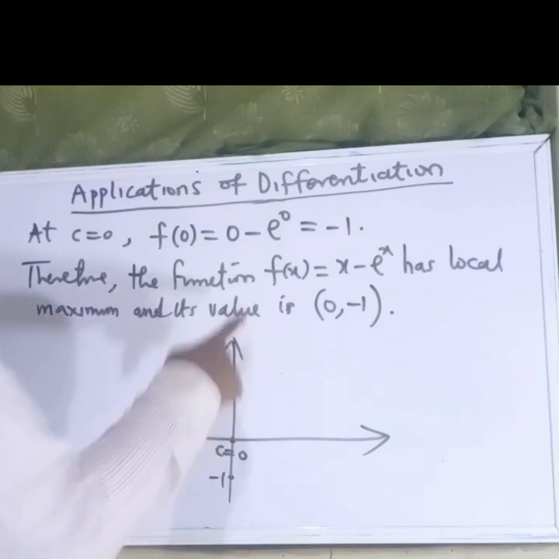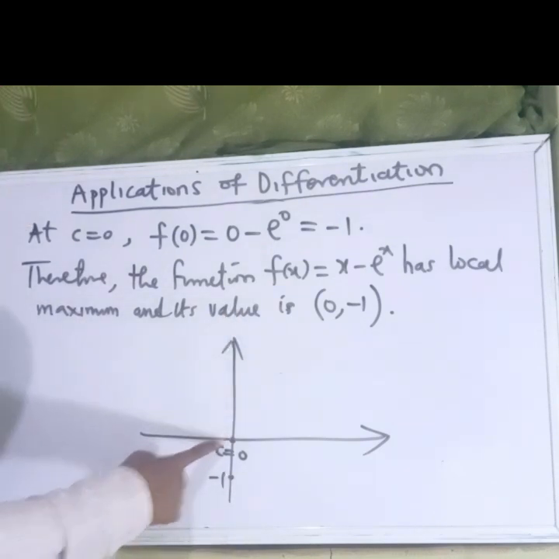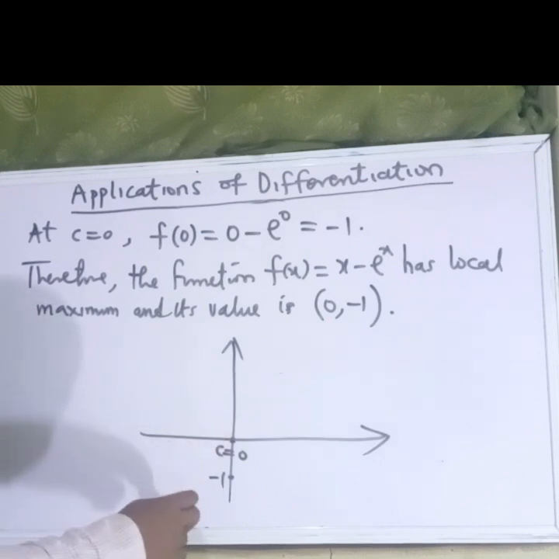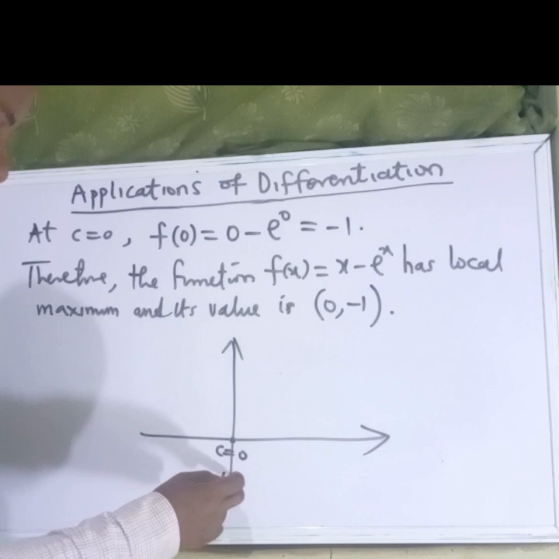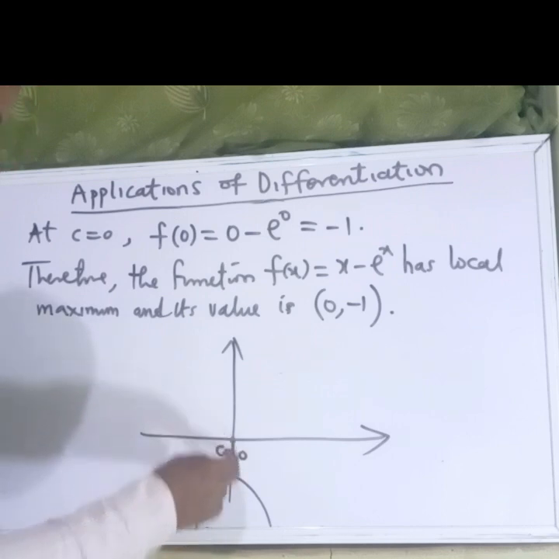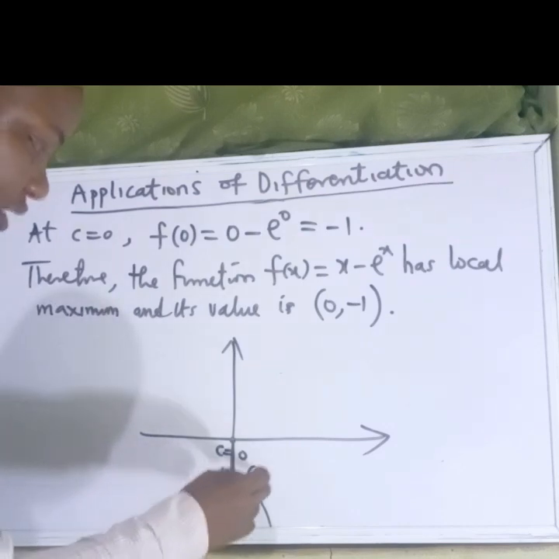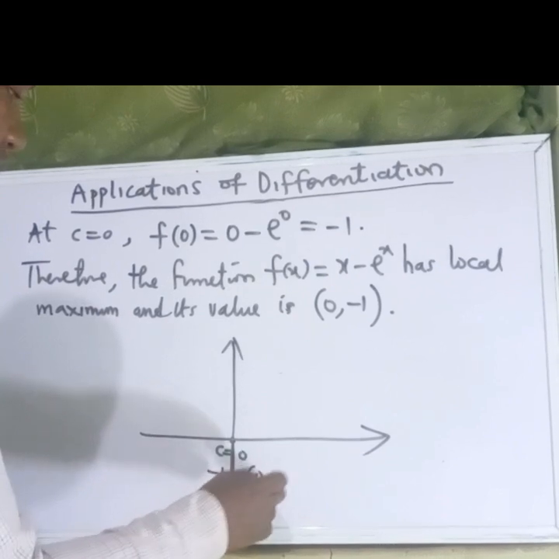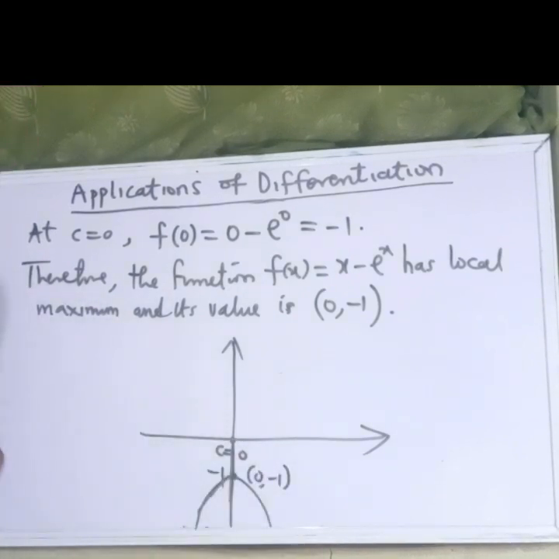We are told that on the left of this critical point, the curve is coming up, so it will pass through this point, and immediately after the critical point it comes down like this. So this is what the curve looks like. The coordinate here is (0, -1). So here is the shape of this curve at the critical point, and it has a maximum value.